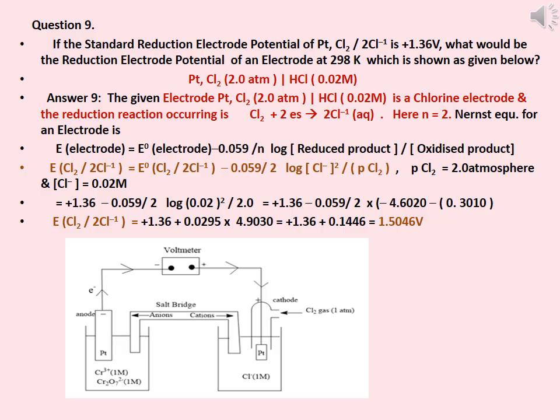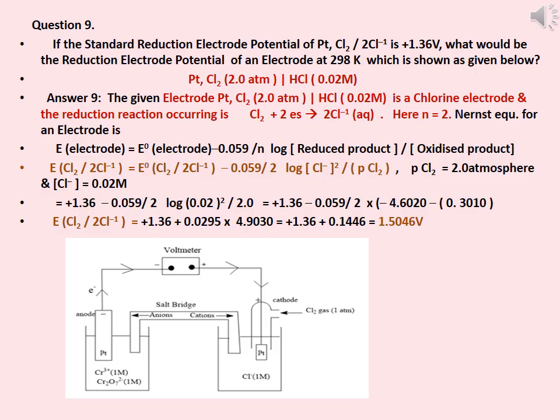Now, this is a gas electrode which is called a chlorine electrode, and at this chlorine electrode, the reduction reaction occurring can be represented as Cl2 plus 2 electrons gives 2Cl minus aqueous. A look at this reduction reaction shows that n value is equal to 2.